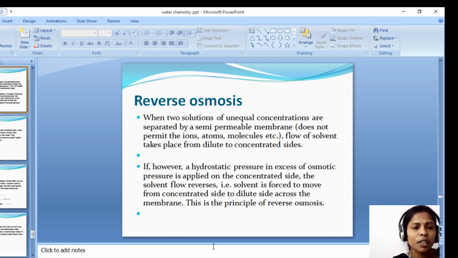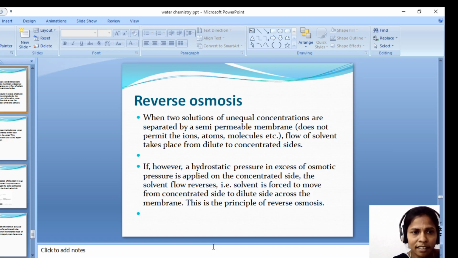Yes, so that was alkalinity of a water sample, and the next topic was the ion exchange method. In the ion exchange method, we can exchange all hardness causing ions in the water sample, that is, all the cations and all the anions, by using cation exchange resin and anion exchange resin.